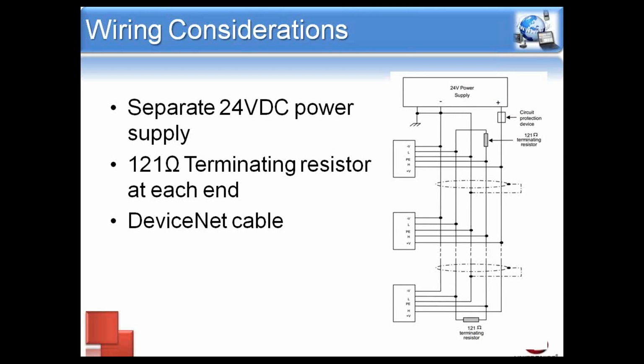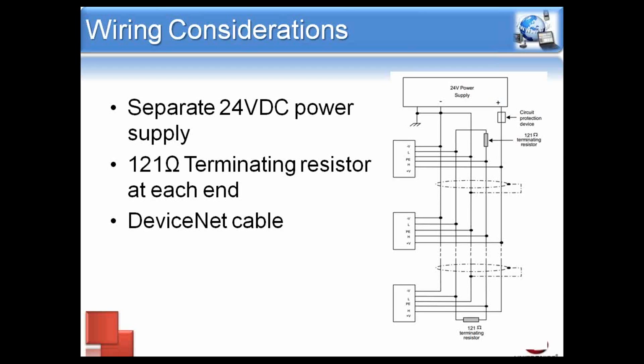And of course, this is a CAN bus protocol, so we have to follow our proper wiring. We do require there to be a separate 24-volt DC power supply powering the cable. You should not share it with the power supply powering the PLC. This should just be for the cable itself. At each end, similar to all our other CAN bus wirings, you are going to have a 121 ohm terminating resistor at each end.